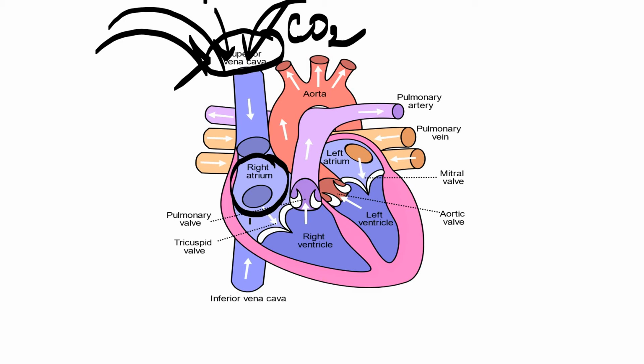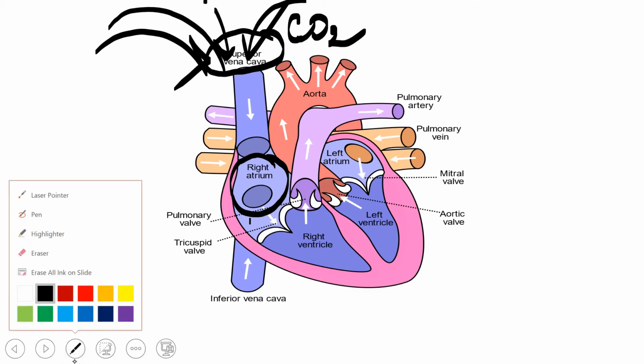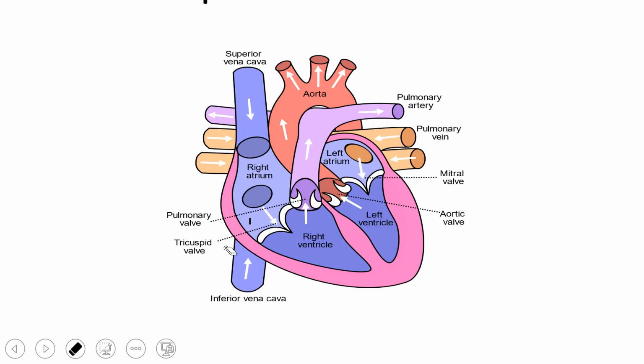What do we mean by carbon rich blood? It means deoxygenated blood, or you can say impure blood. So this impure blood enters via the superior vena cava to the right atrium.